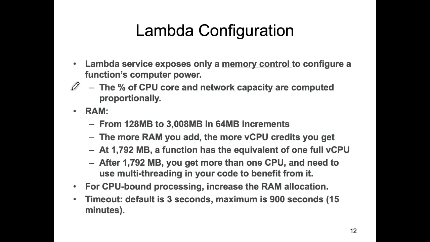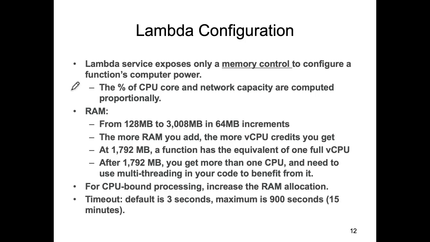What the AWS people decided was, rather than allowing the developer to specify each of those three, the CPU power, the RAM requirements, and the network bandwidth, they would allow the developer to just specify the RAM requirements for the Lambda function.